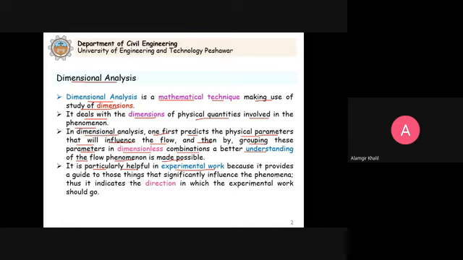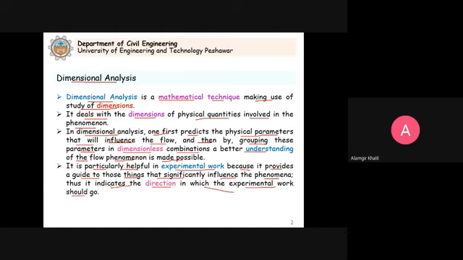So how much the experimental work is simplified? Clear? Because it provides a guide to those things that significantly influence the phenomena. Thus, it indicates the direction in which the experimental work should go.